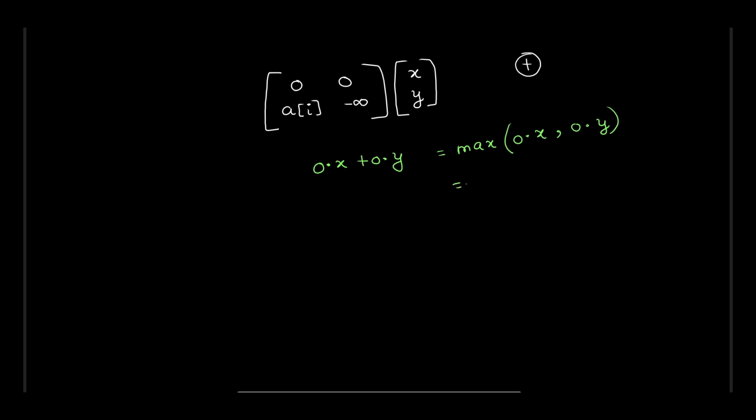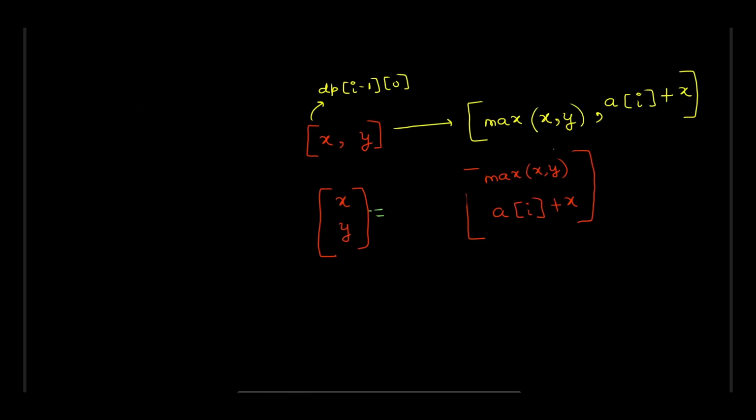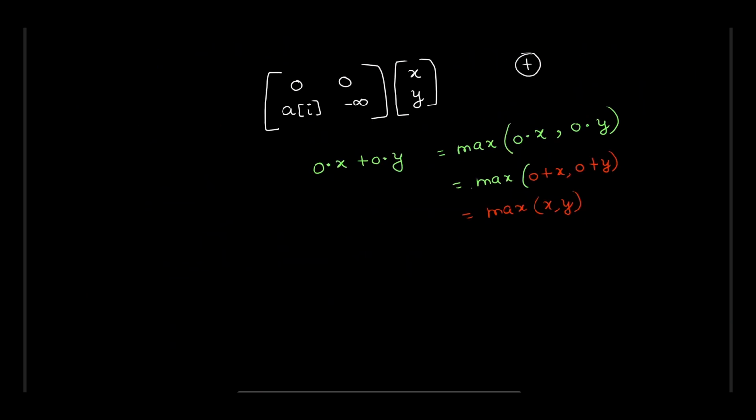And in our world, dot means a plus, so that's why I will write it in a different color. So this is 0 plus x and 0 plus y, which is max of x comma y, which is what we wanted in the first part, which is what we got, right? So this part is good. A and B we have selected correctly.